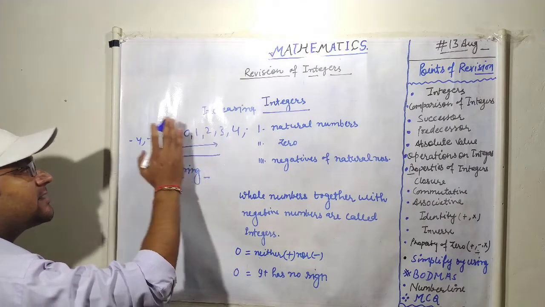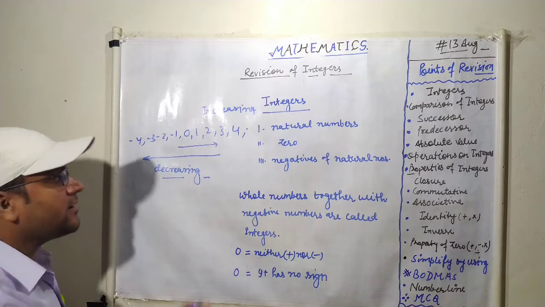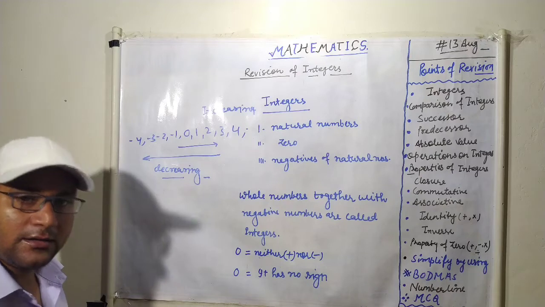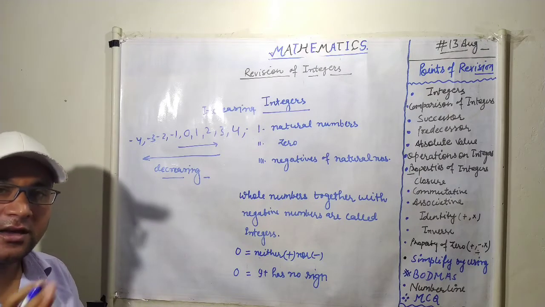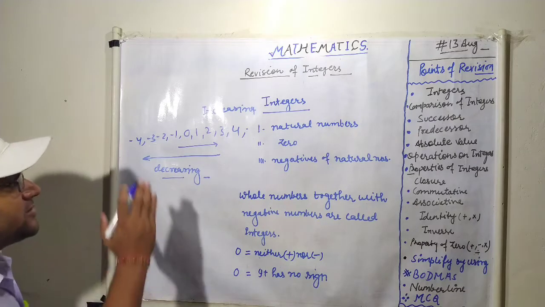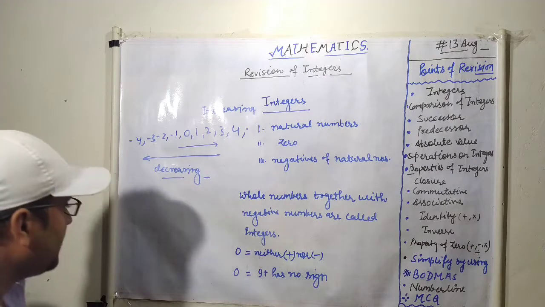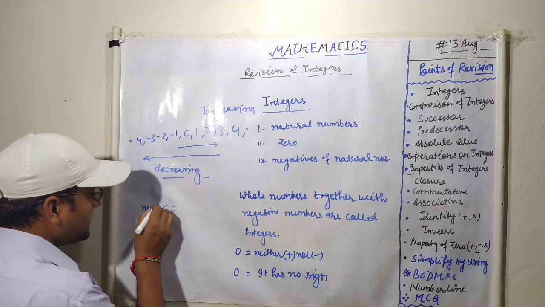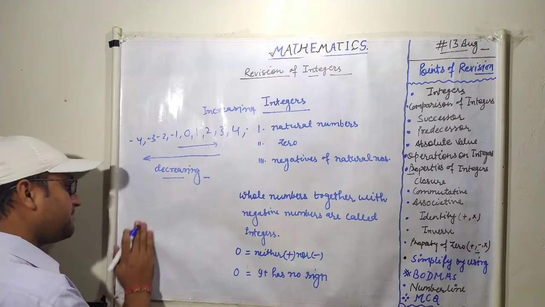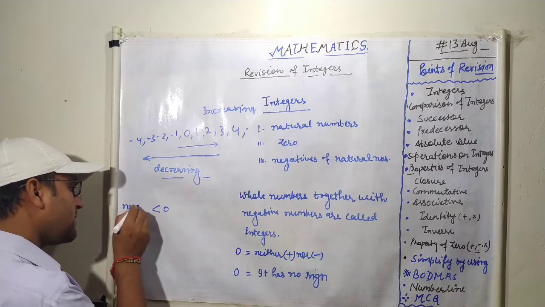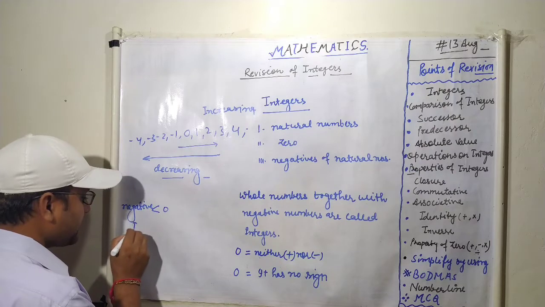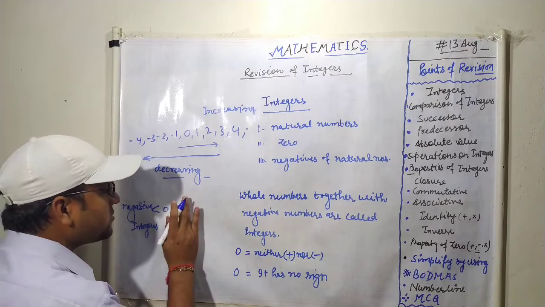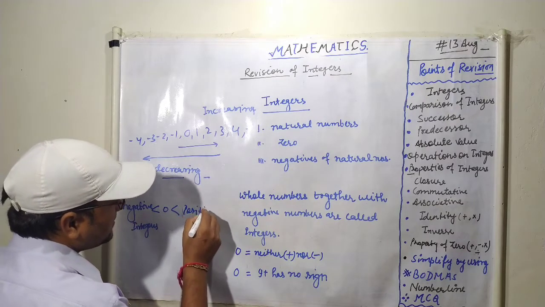Second point, 0 is always greater than every negative integer, and it is less than every positive integer.